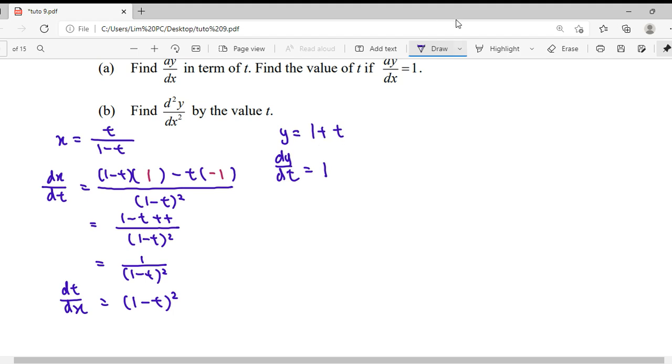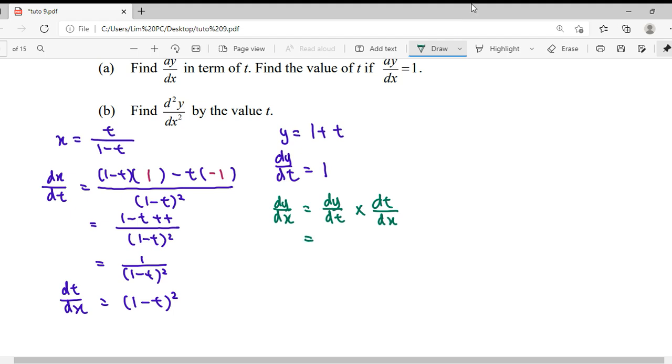So now we're going to find out what is our dy dx. So for dy dx part, in parametric differentiation, the formula will become dy dt times dt dx. So this is our formula for parametric differentiation.